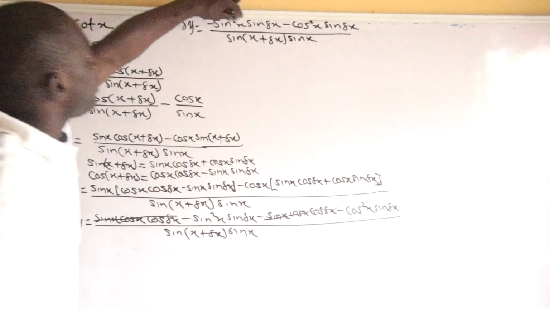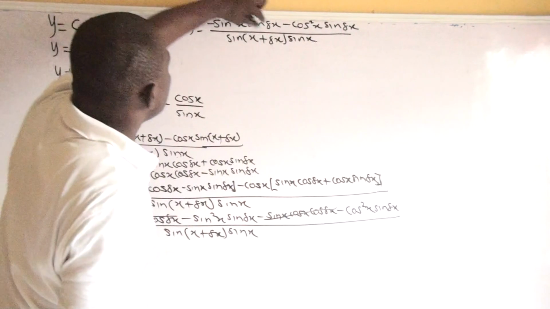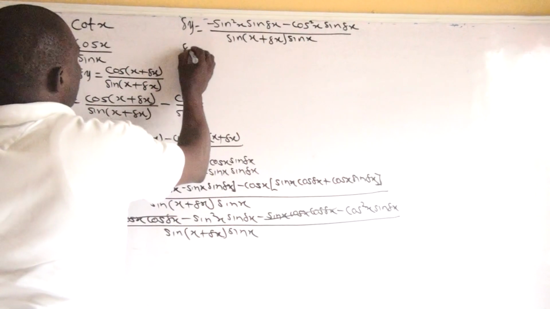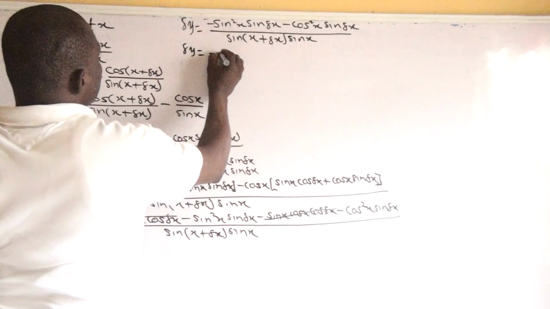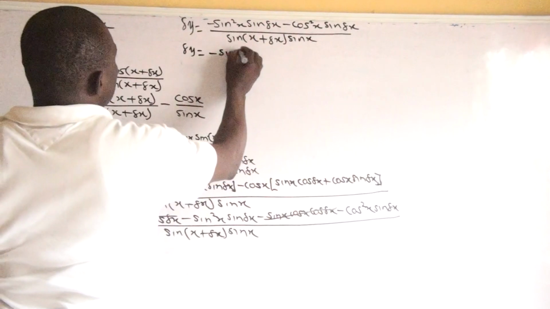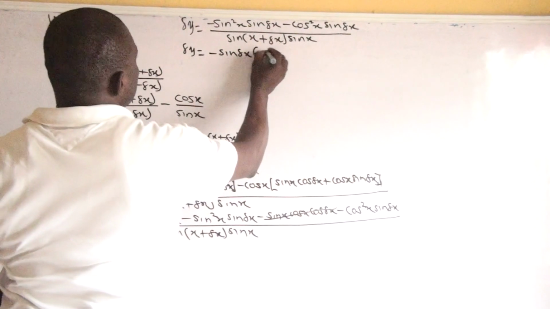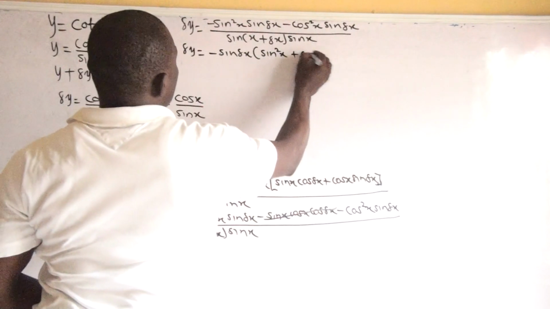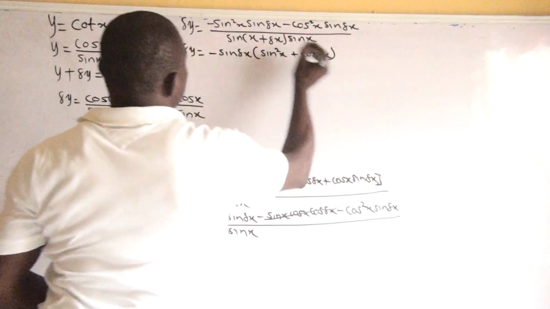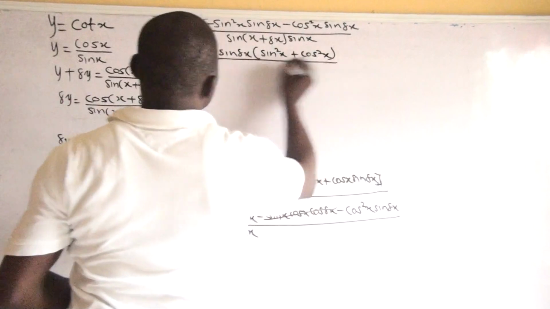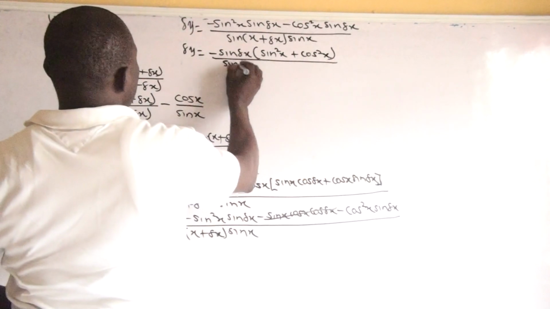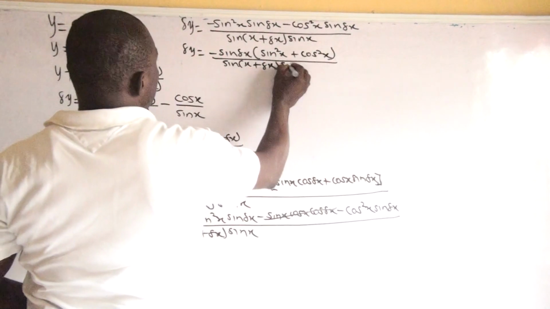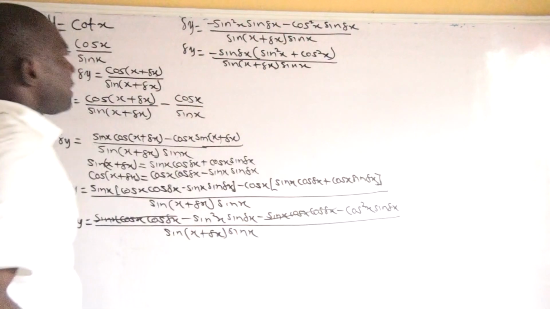And what is common here? Minus sin delta x. So we factor it out so that delta y becomes minus sin delta x open bracket sin squared x plus cos squared x close bracket, divided by sin open bracket x plus delta x close bracket sin x.